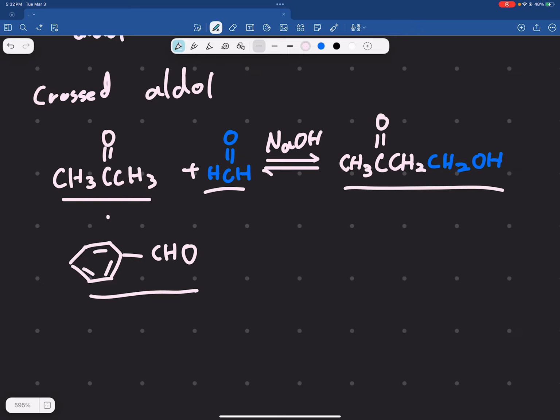Another thing is that nitro groups can be introduced as a substitute for nucleophiles. So we can instead have something like this.